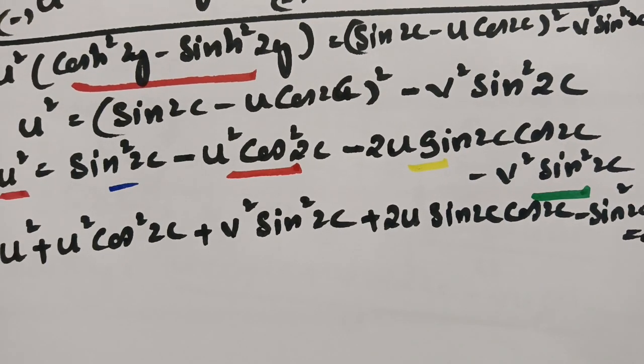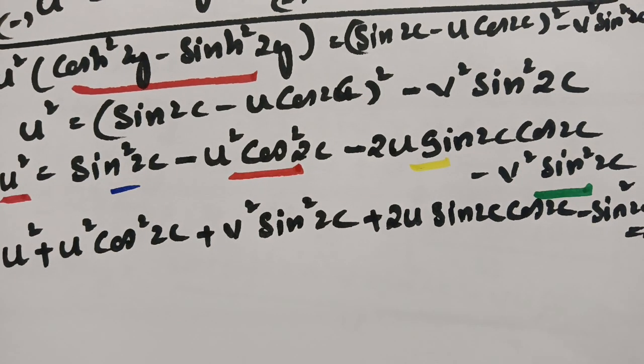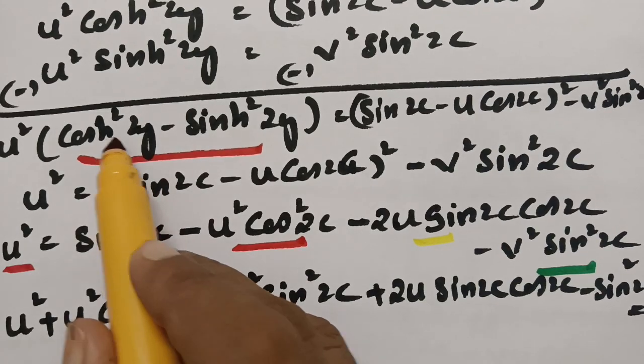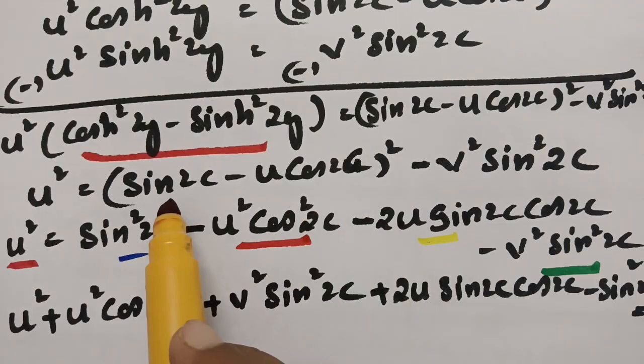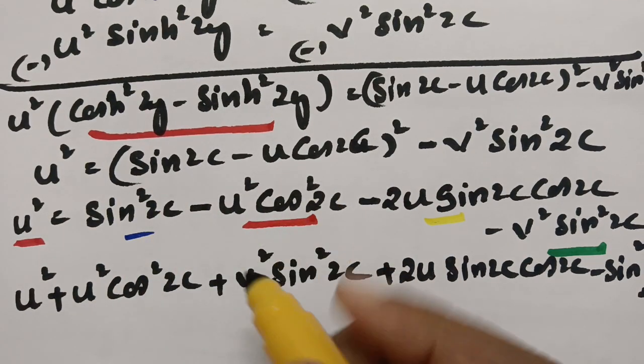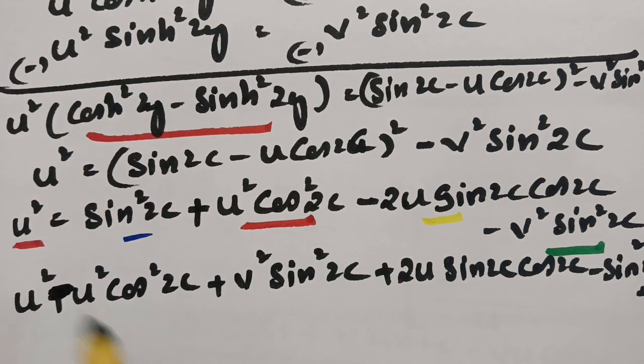And next, if I take u square common, see what happens. If you observe this one, it is (a minus b) whole square, which is a square plus b square minus 2ab, and sending this to the other side it becomes minus.